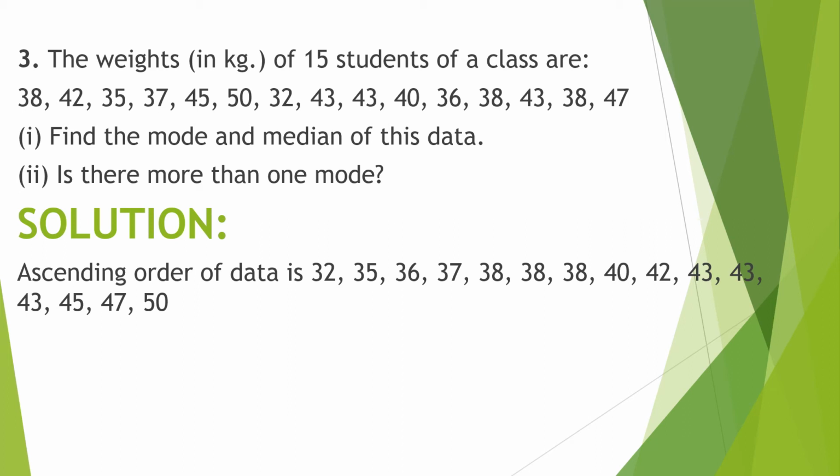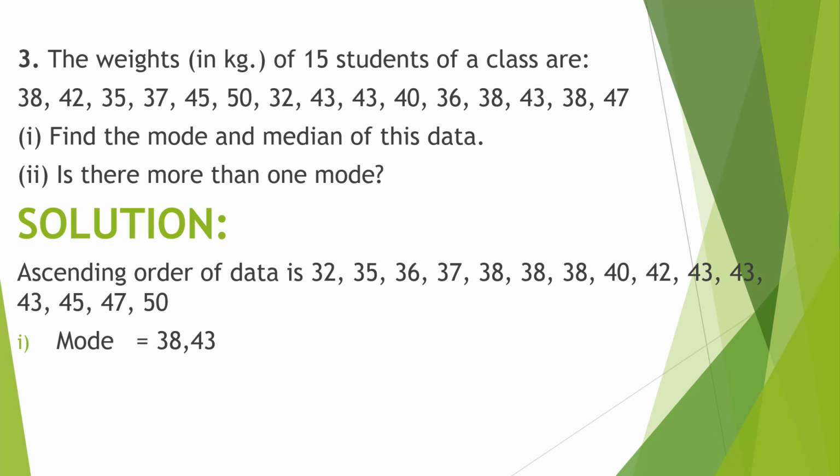Mode equals 38 and 43. Observing the data arranged in ascending order, 38 and 43 occur 3 times. So the mode of the data is 38 and 43. This is bimodal data because we have two modes.